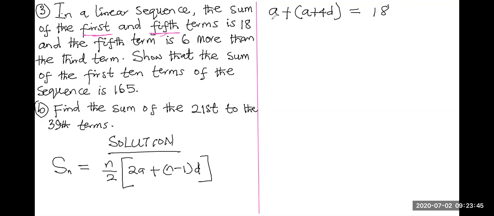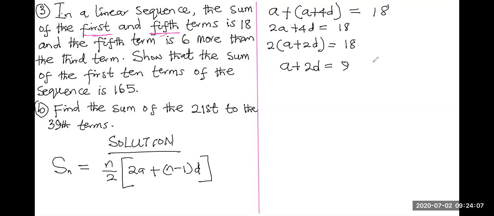When you simplify, a plus a is 2a, plus 4d, equals 18. Factorizing 2 out, 2 into a plus 2d equals 18. Dividing both sides by 2, a plus 2d equals 9. This will now serve as the first equation from the first statement.